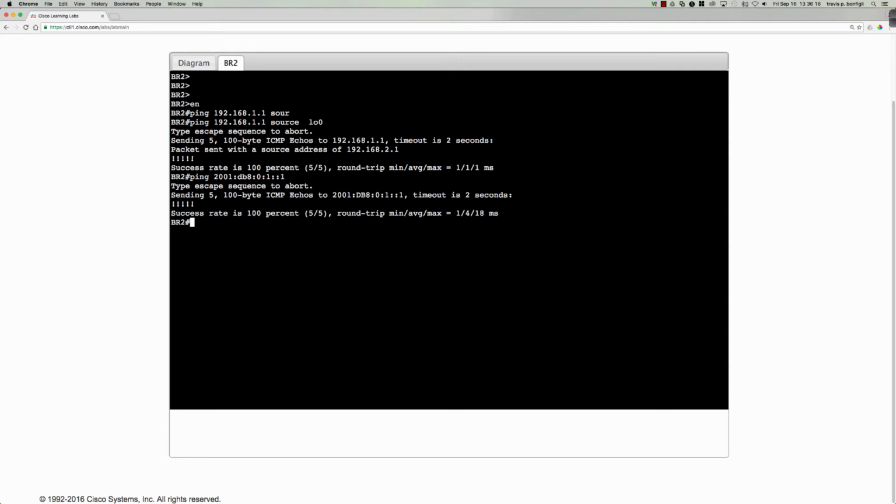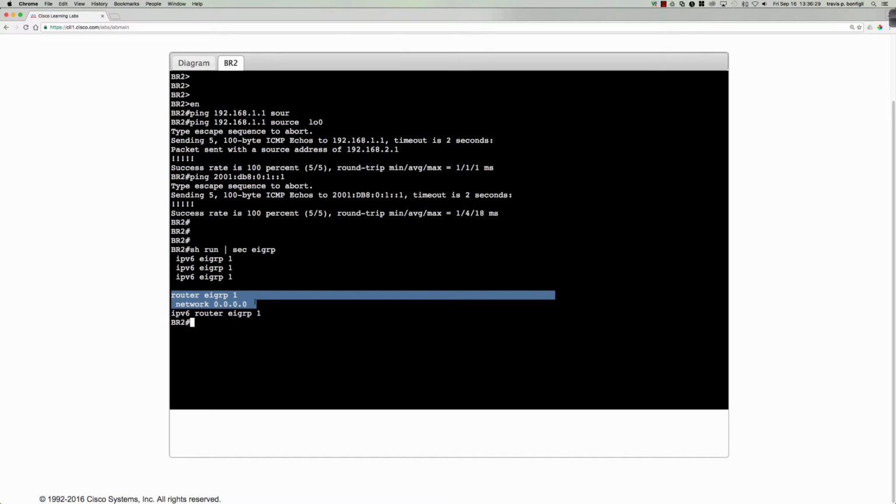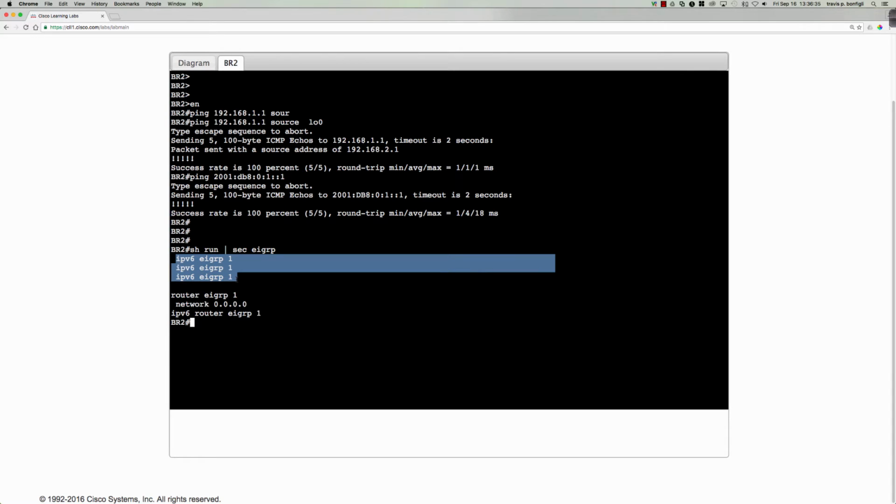So let's take a look at the existing EIGRP configuration on Branch 2. So show run section EIGRP. As you can see, we've got two distinct sections here. We've got the IPv4 section, where we go in and configure things. Then under the interfaces, we've got the IPv6 EIGRP autonomous system number, and then here's the global IPv6 section.